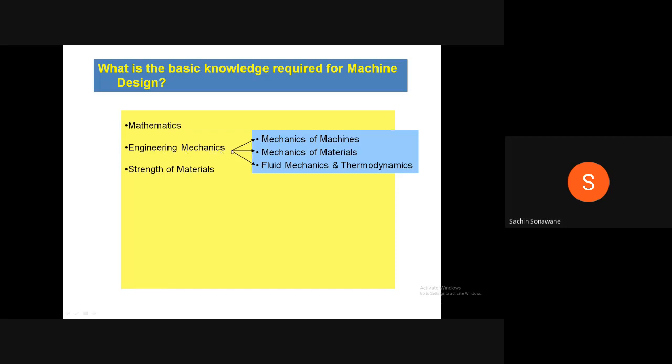Engineering mechanics consists of mechanics of machines, mechanics of materials, fluid mechanics, and thermodynamics. Next is workshop processes and engineering drawing. Engineering drawing consists of machine drawing also.